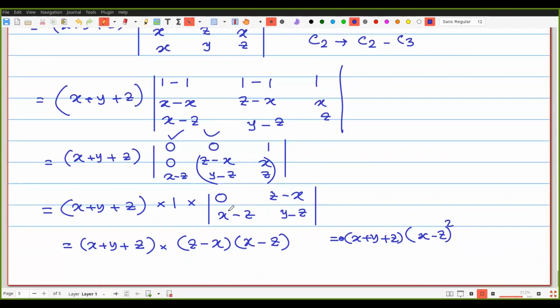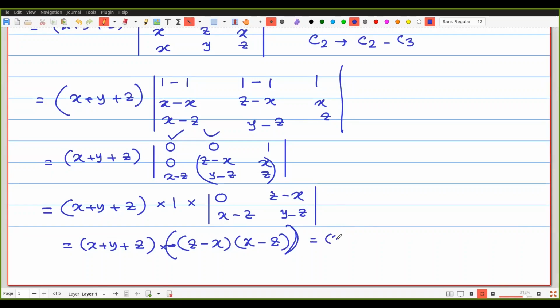Just that one. The calculation must be a minus, because this is plus, so it will change to 0 into y minus z, minus of minus. So the wrong is here. Already we are finding according to the answer. So minus is there because 0 into y minus z minus of x minus z into z minus x.